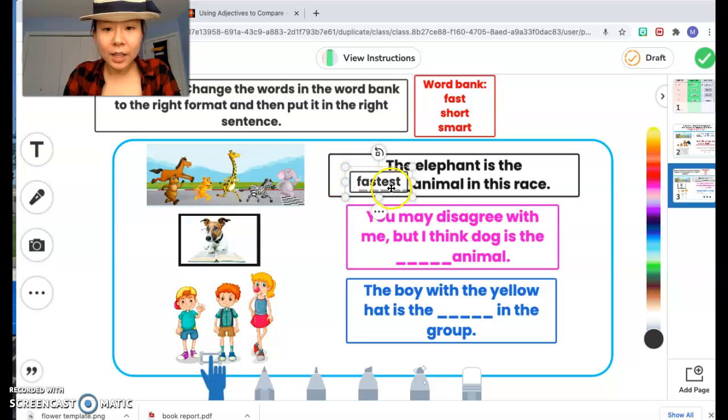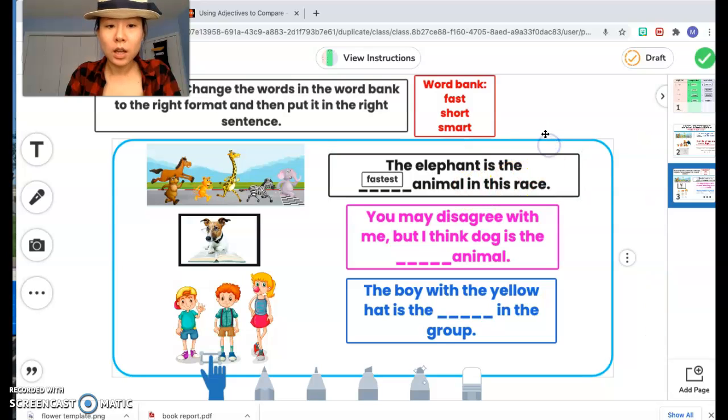So I'm adding est at the end to the word fast to show that the elephant is the fastest animal in this race. And I now have the word short and smart left. So think about how you would change those 2 words, to make sure that they go into these 2 sentences correctly. And don't forget to take a look at the pictures to figure that out.